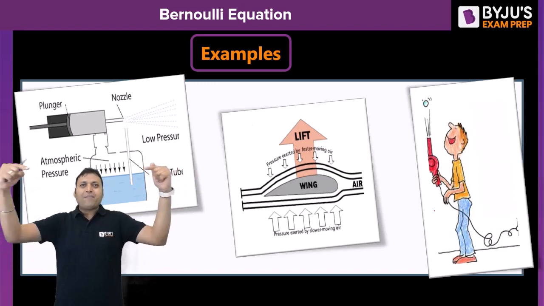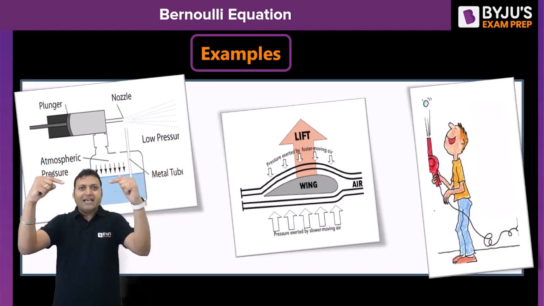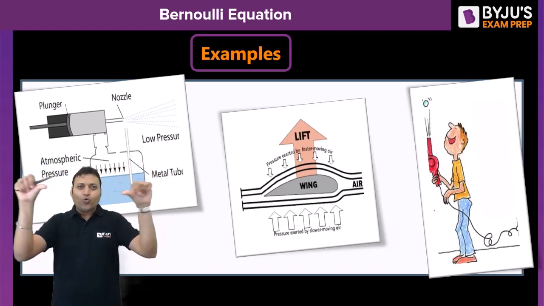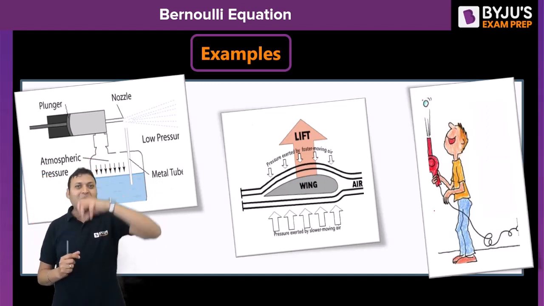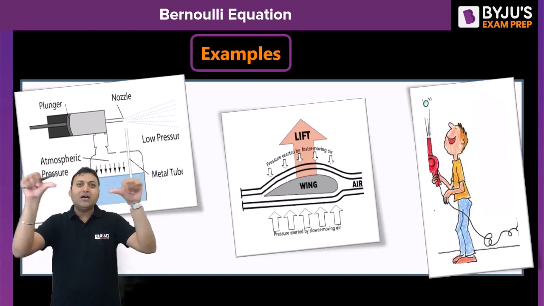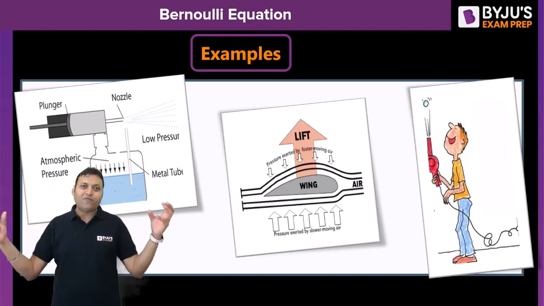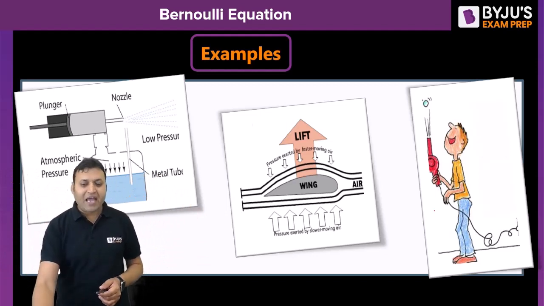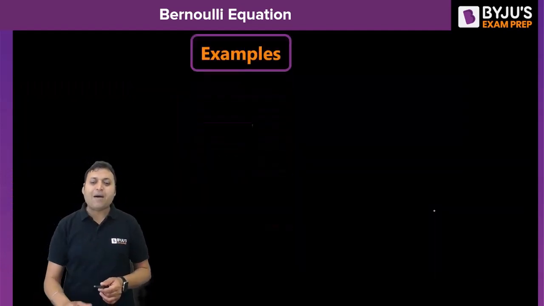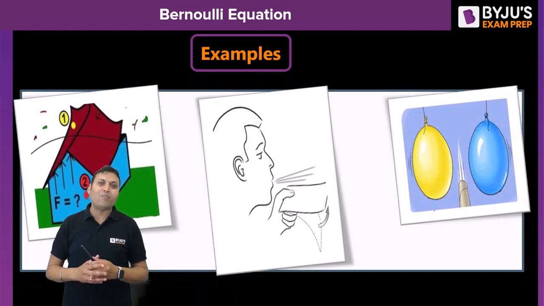So from high pressure to low pressure, there is a force exerted in the inward direction on the ping pong ball. That is why the ping pong ball is balanced, due to the pressure force exerted from outside towards inside on the ping pong ball. We can have a look at a couple more examples which use the concept of Bernoulli principle.